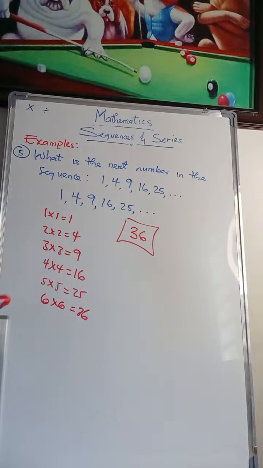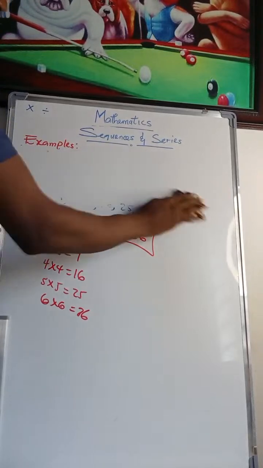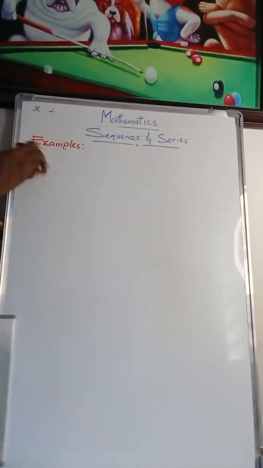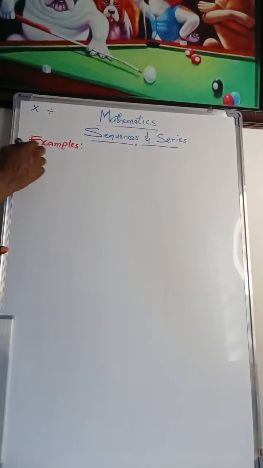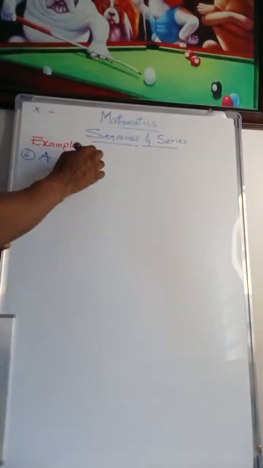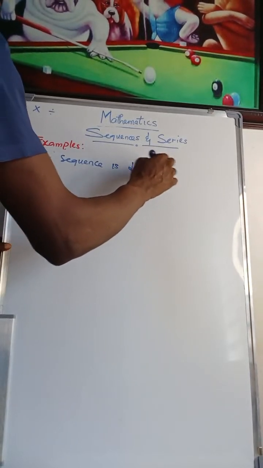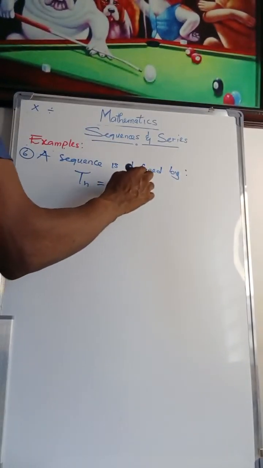All right, so let's look at another question on logical pattern sequence or Fibonacci. Let's look at another one. Okay, so this one says: a sequence is defined by the nth term, Tn equals 3n plus 1.